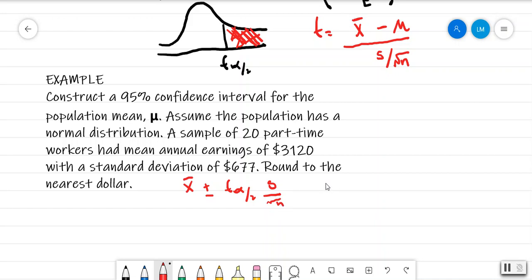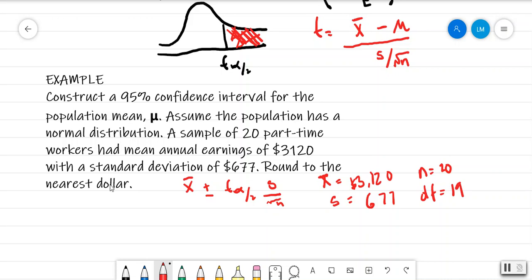The things we do know are that the mean x bar equals $3,120, the standard deviation is 677, and n is equal to 20, which means the degrees of freedom equal 19.